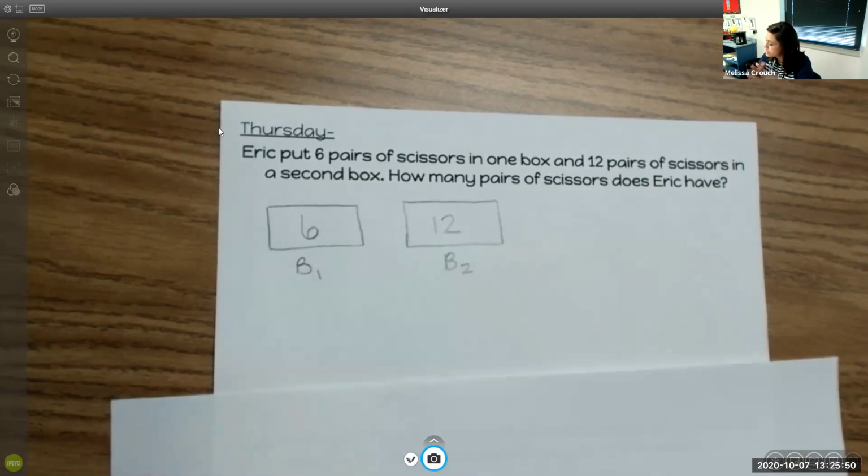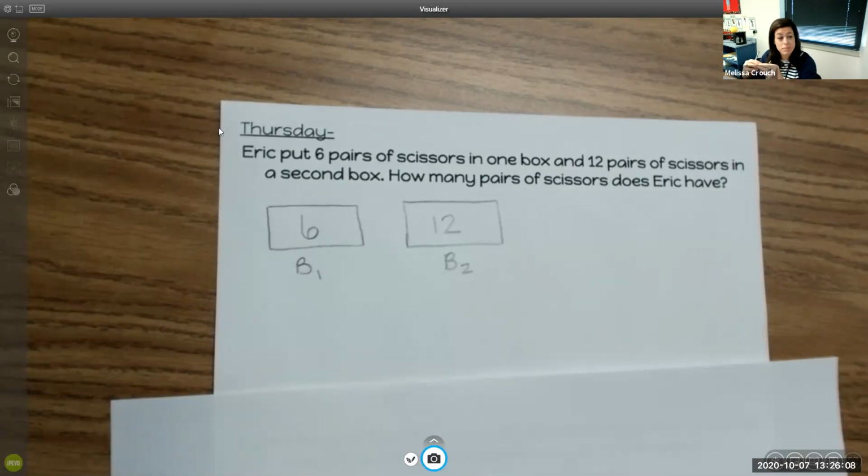How many pairs of scissors does Eric have? Well, what do I do to figure out how many pairs he has? He's got 6 on one side and 12 on the other. What am I going to do? I'm going to join them. I'm going to put them together.